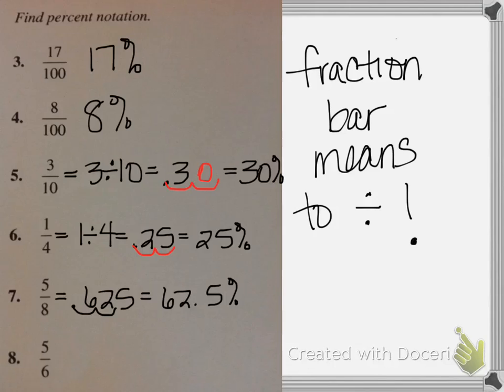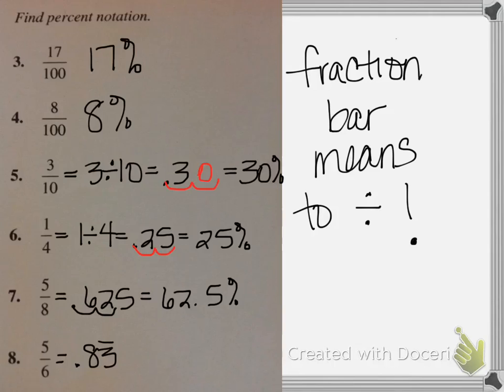And what about this last one, 5/6? So that's going to be 5 divided by 6. If we do that in our calculator, I get kind of a strange number. I actually get a repeating decimal. I get 0.83, and the 3 is repeating.